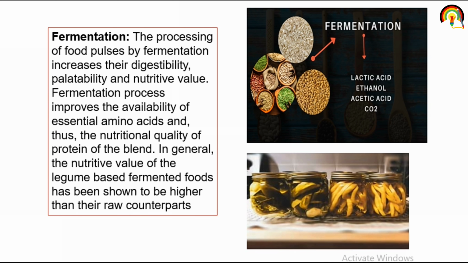Essential amino acids are those amino acids that are not synthesized by our body and that we have to take up through our diet, and thus the nutritional quality of the protein of the blend improves. In general, the nutritional value of legume-based fermented food is higher than their raw counterpart. So fermented food has higher nutritional value compared to the raw legume material.